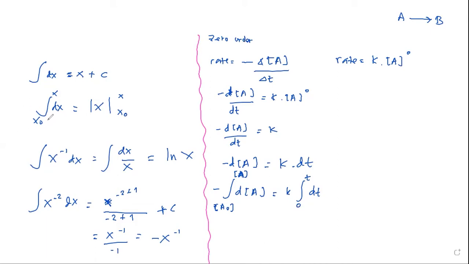So back here, if we have the integral of dx, it is x plus c. So for the integral of dA, this will produce negative concentration of A, with the bounds concentration A and concentration A0 here. And this will be the same as k times (t minus 0). Now let's continue.